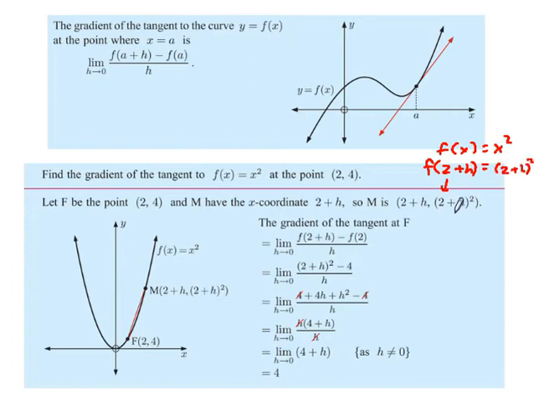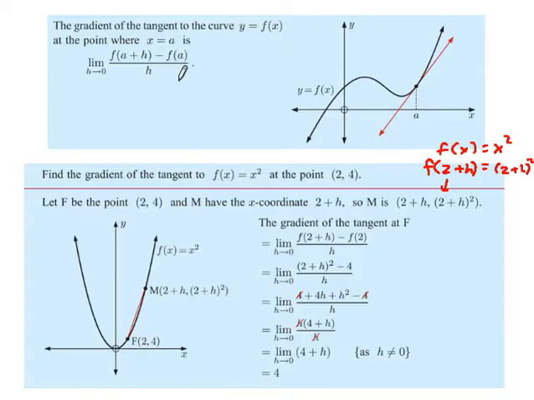So that's why we have this here. This is really just f of a plus h. Now that I have those 2 points, I have 2, 4, and I have 2 plus h and 2 plus h quantity squared. I now substitute all of that into my formula.